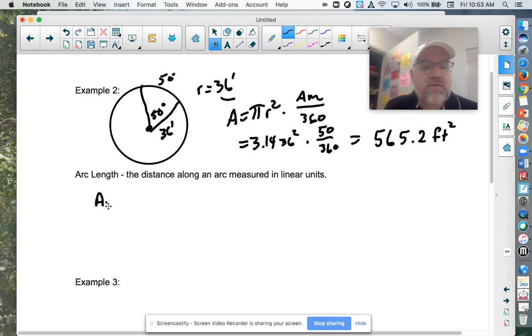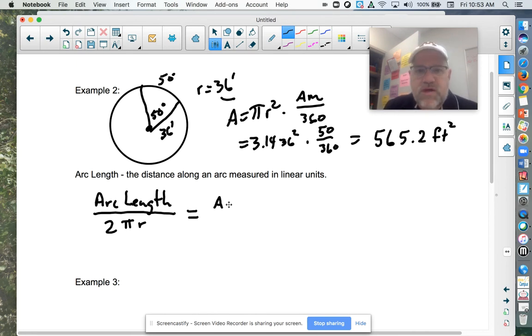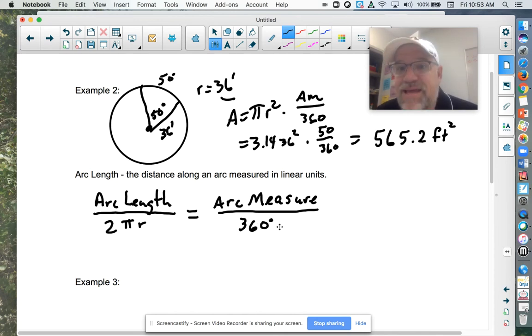Arc length divided by the circumference, which is 2 pi r, is going to equal the arc measure, which is the same thing as the central angle, divided by 360. Wait a minute, didn't we just do that? Yes, we did. And it's still part of this one too, so it's really important.